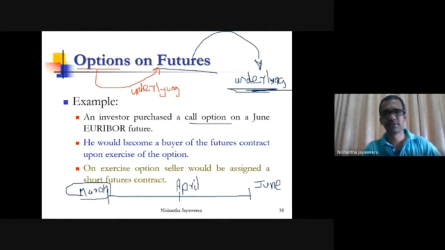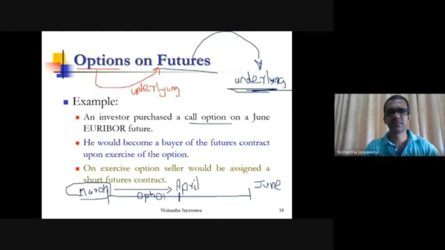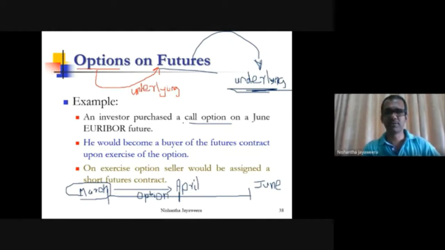So the expiry date of the option contract is only up to this period. On the expiry date of the option, the call option buyer decides whether to buy the future maturing in June or not.